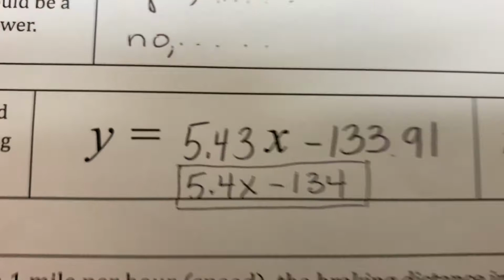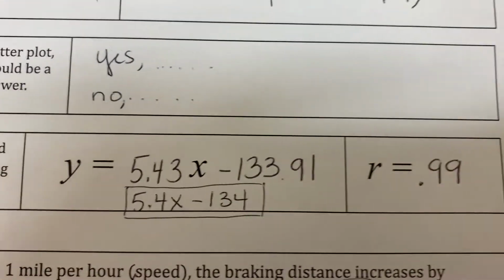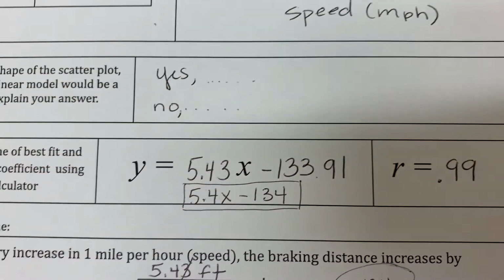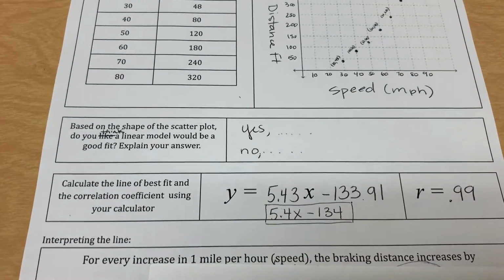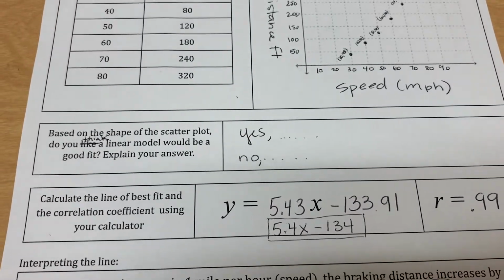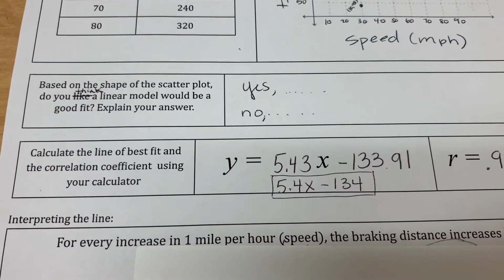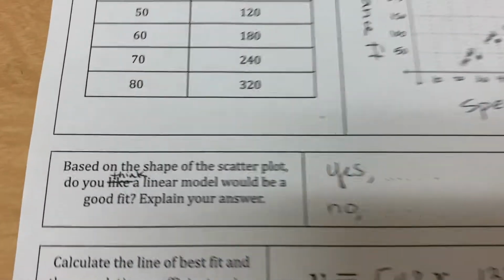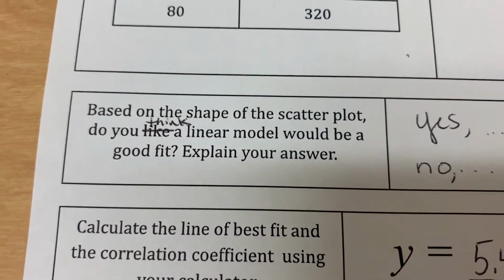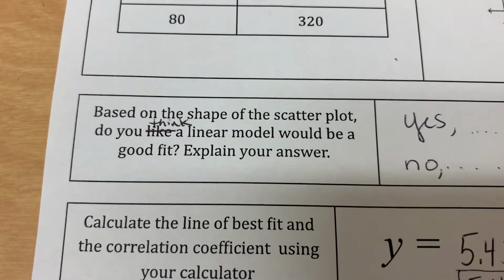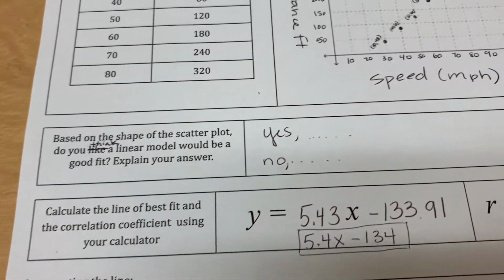Okay, now we need to be able to interpret. I also forgot, before we went to the calculator, to decide whether, based on our scatter plot, a line of best fit would be a good idea.